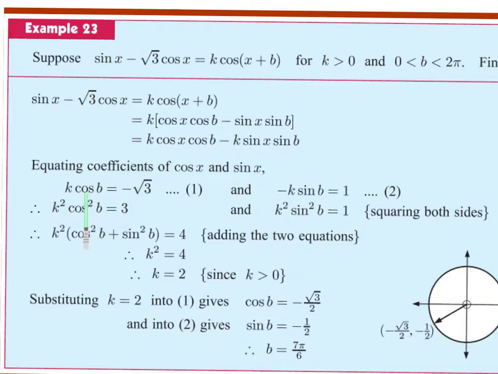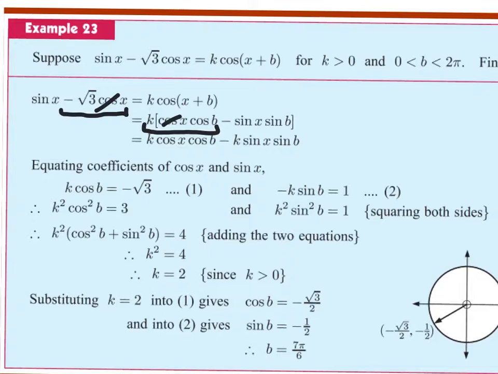Well, what I would have is I have the cosine x accounted for. So basically what we've said then is that this term should equal this. So we set them equal. Of course, the cosine x's would cancel, and I get negative root 3 equal to k times cosine b.